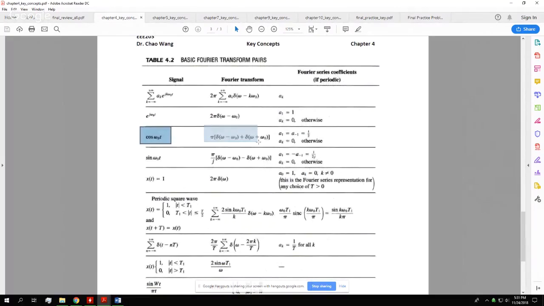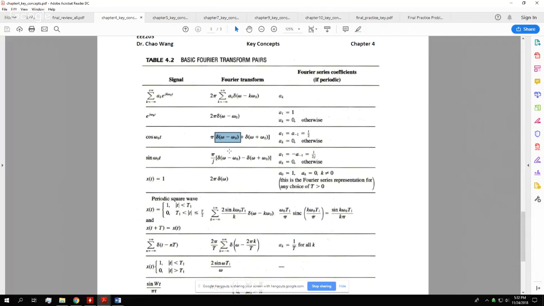So that means that our transform will be this long expression, and it looks a little intimidating, but it's not. It's just 2 delta pulses multiplied by a scaling factor of pi. Normally the delta pulses have a magnitude of 1, but we multiplied by pi, so now they'll have a magnitude of pi. Also, our delta functions will not show up at omega equals 0.